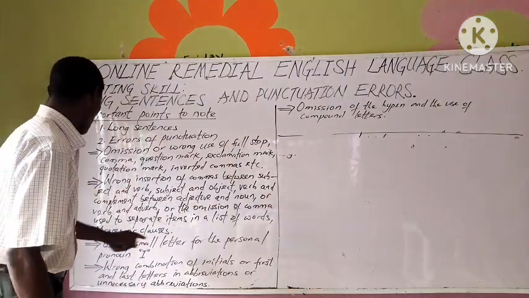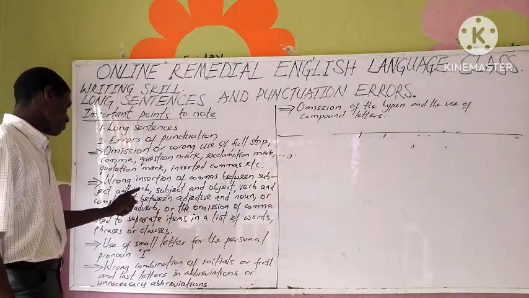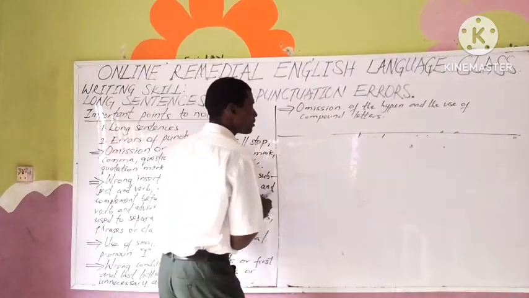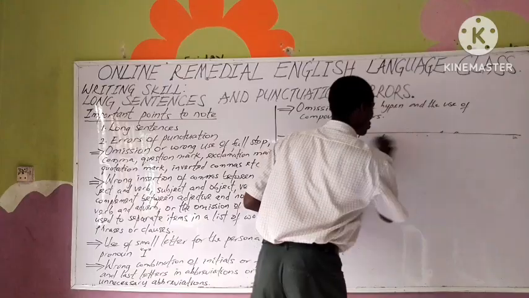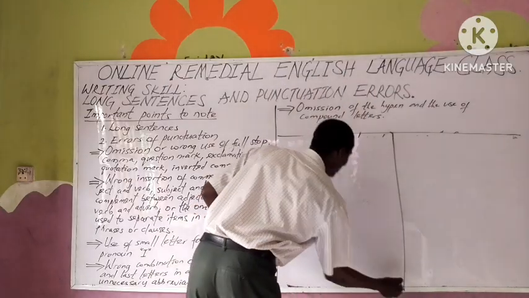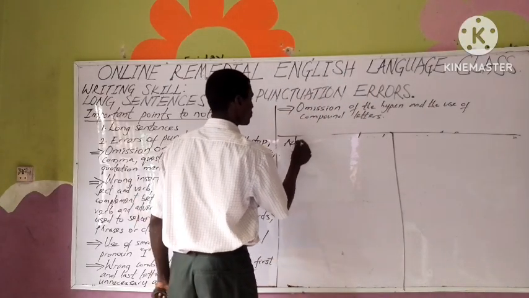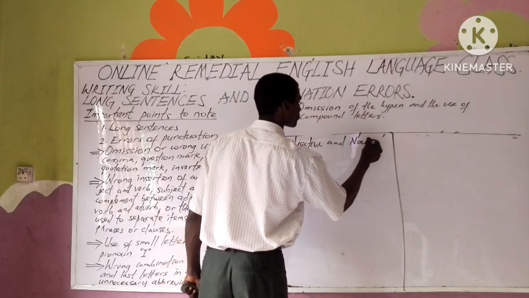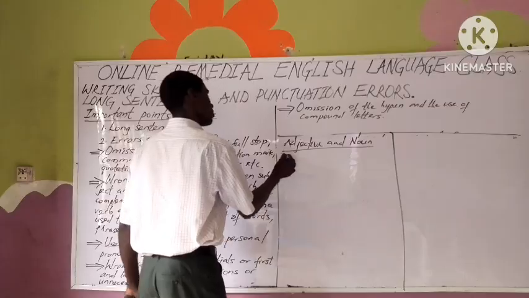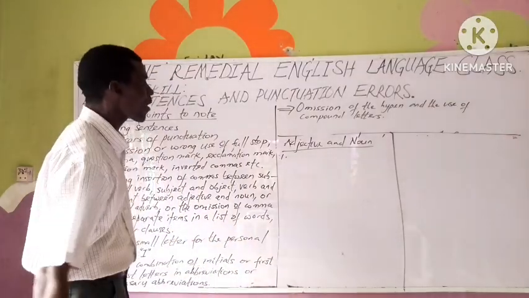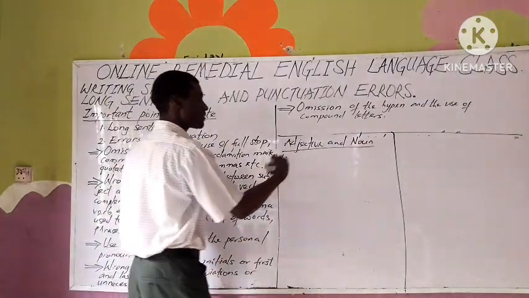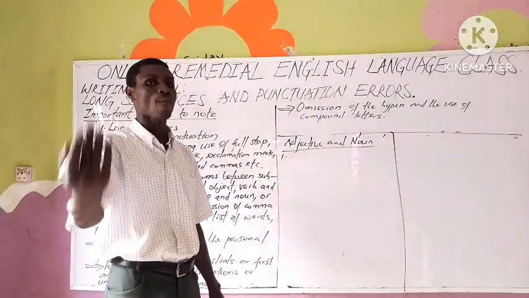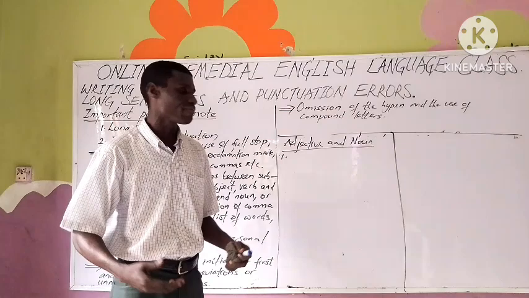If a comma separates verb and complement, or comes between adjective and noun, maybe I should divide this into two now: adjective and noun. When you insert your comma between adjective and noun, remember that adjectives tell more about the noun; they qualify the noun.